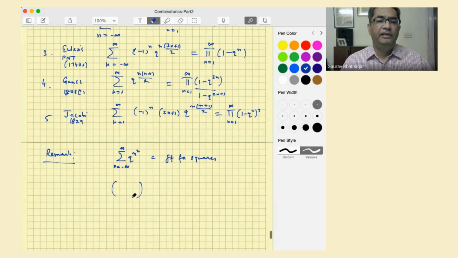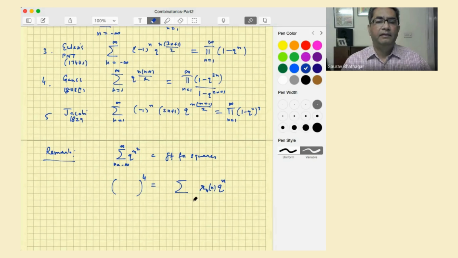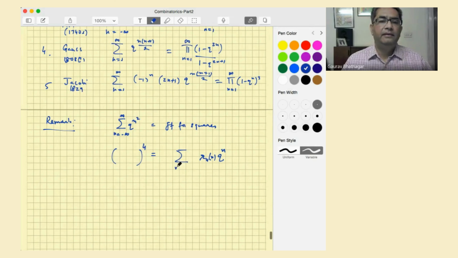So if you take this whole thing and raise it to the 4th power and just compare coefficients of q raised to n, right? So you take this whole thing over here, raise it to the 4th power, then what is R4(n)?